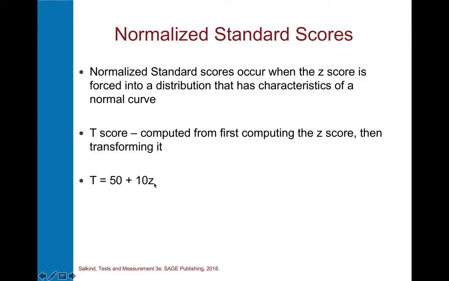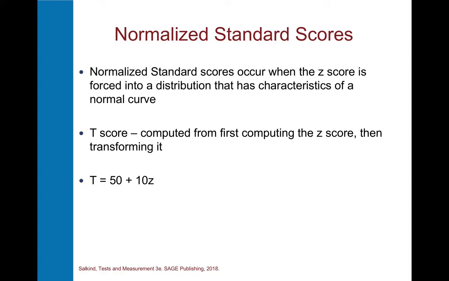You take the z-score, multiply that by 10, plus 50. So for Stu, his raw score was an 18, which is equal to a z-score of 1. So you get 1 times 10, which is 10, plus 50. So Stu's t-score is a 60.